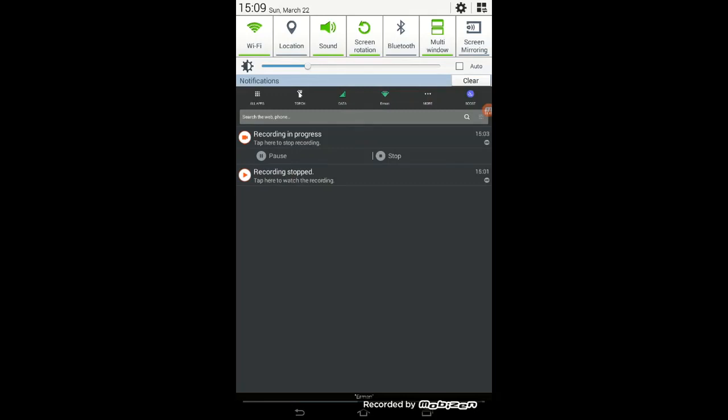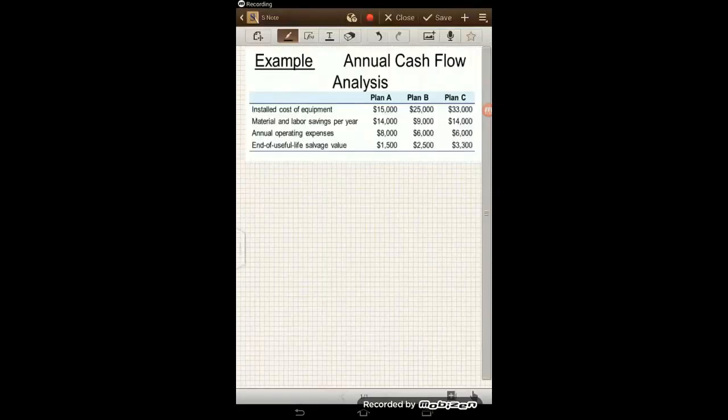This question is here. In this analysis, we have 3 different options: plan A, plan B, and plan C. And we have different materials, like the options. The first one is installed cost of equipment, which we are gonna spend, so it's gonna be cost, so it's gonna be minus.